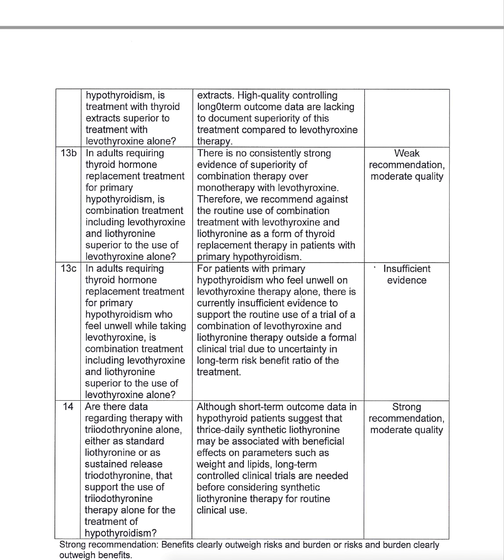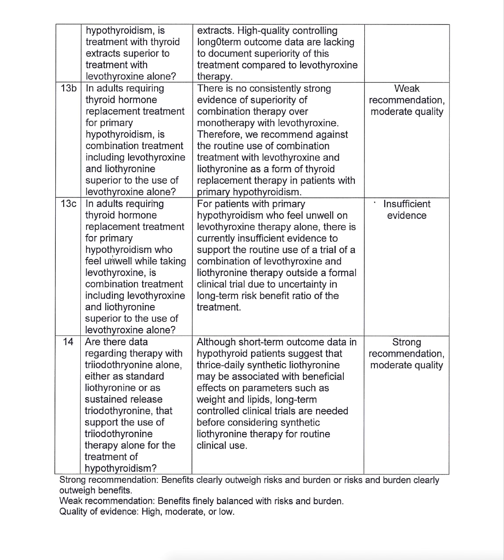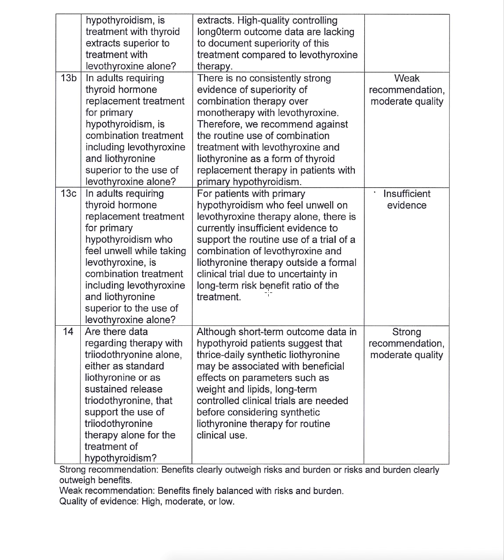And again, when we give T4, it will be converted to T3 in the periphery. So in most cases, there is no reason to give T3 and T4 together. What about the patients who are taking levothyroxine but are not feeling well while taking it? Is combination treatment better? Same thing, we just don't have enough data.